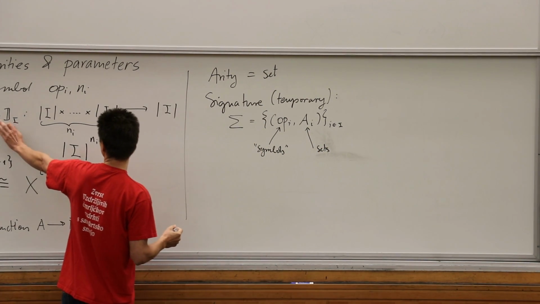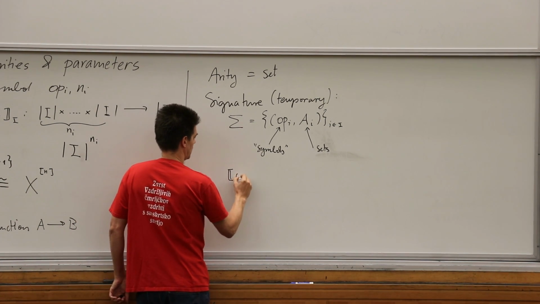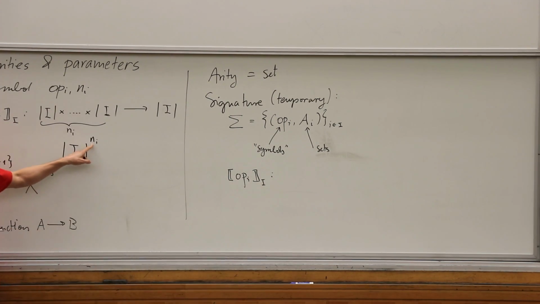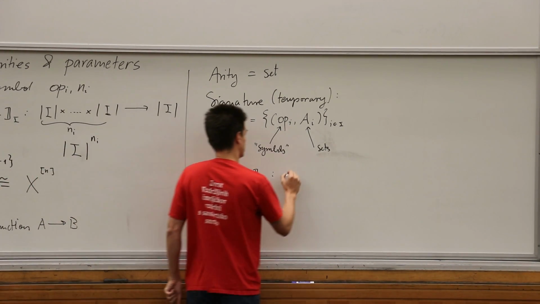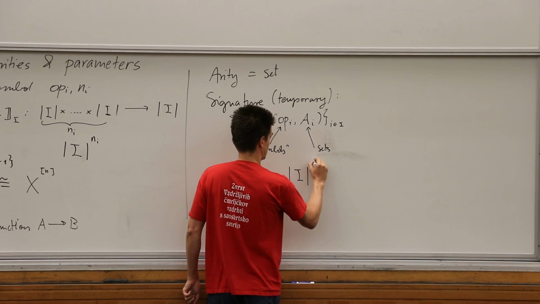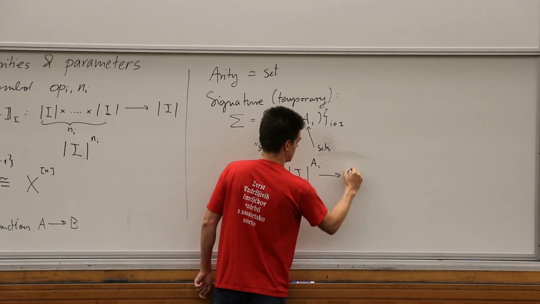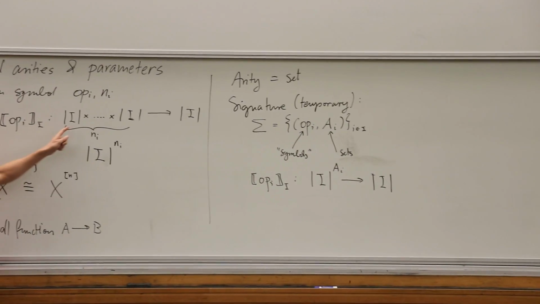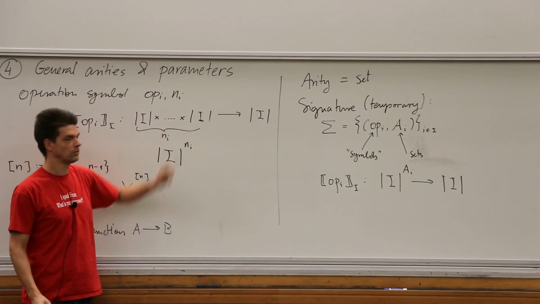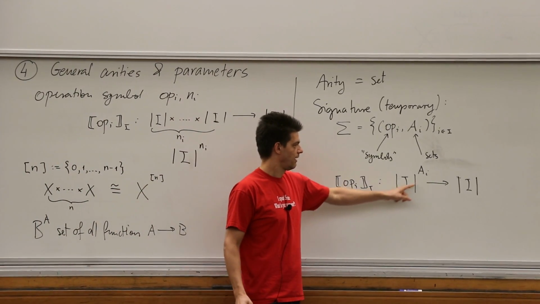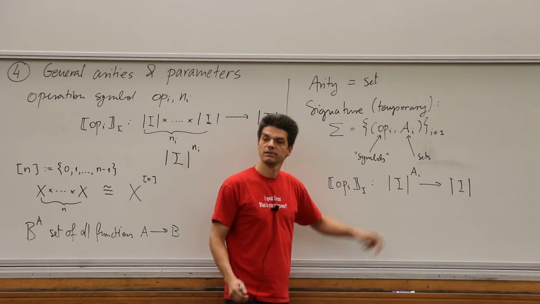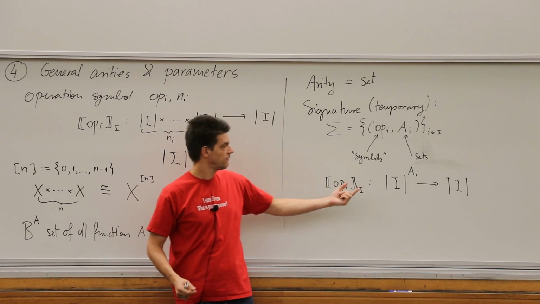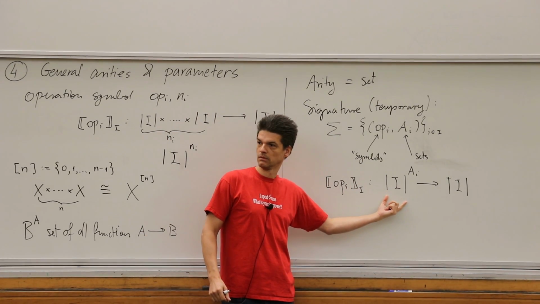And then when we give an interpretation of op i, what we're going to do is just replace this n_i with the a_i. So it'll be, the function from a_i goes to the carrier, like that. So here it was obvious that I'm getting n_i arguments, and here I'll have a_i arguments. But while here they're given to me as a tuple, here they're given to me as a function. Yes? They're given as a function.